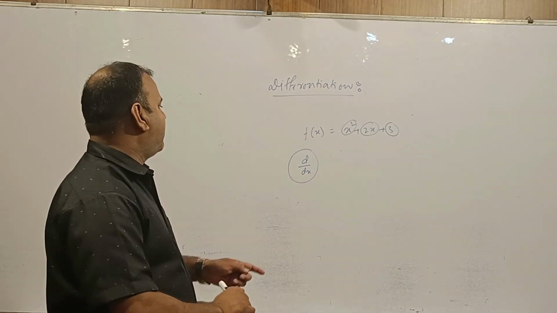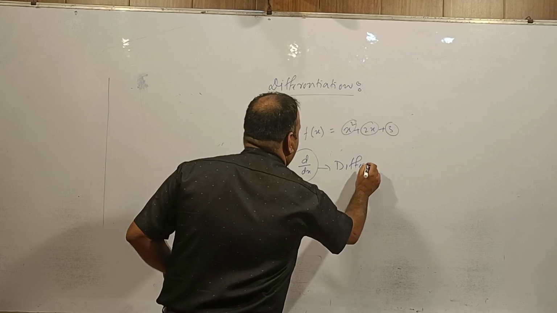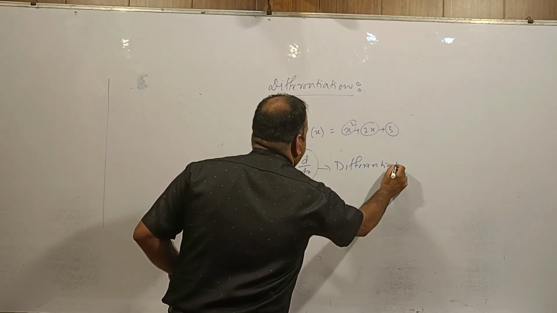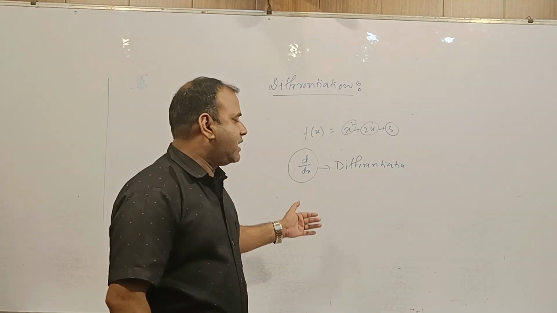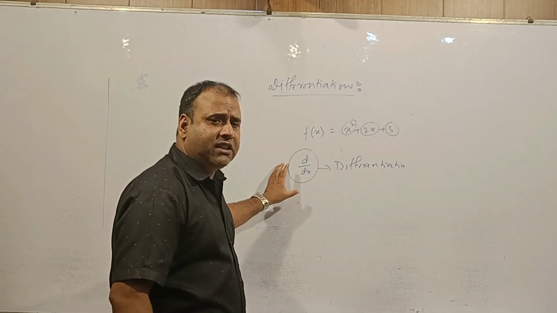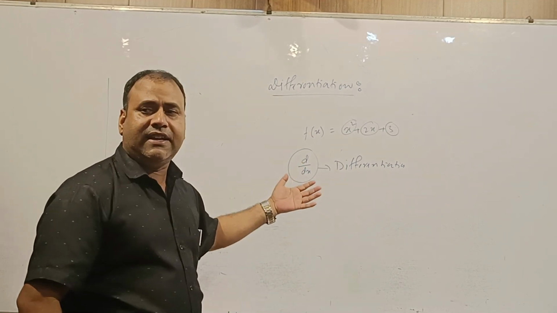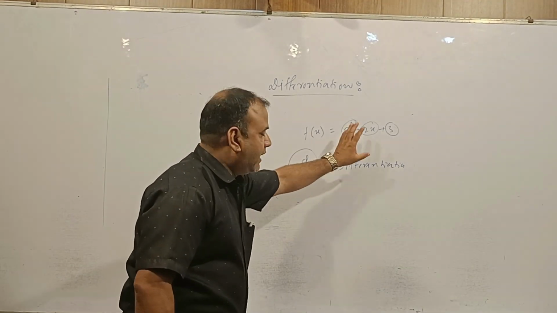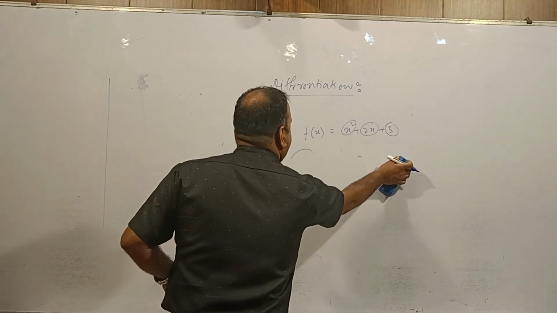Remember, this formation is called differentiation. It is a kind of indicator, a kind of justification factor by which we can justify and analyze the variables. So this is the idea about differentiation.